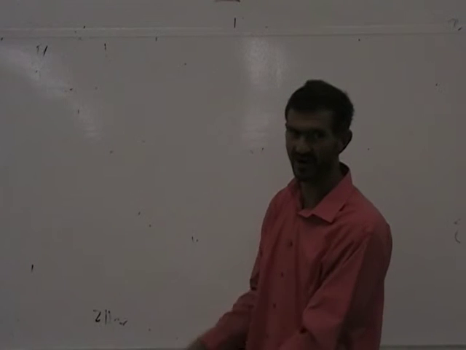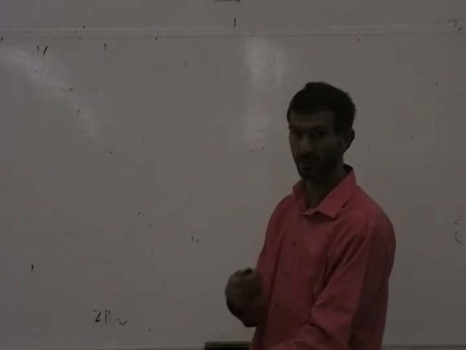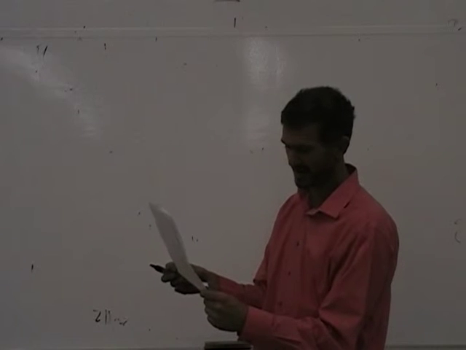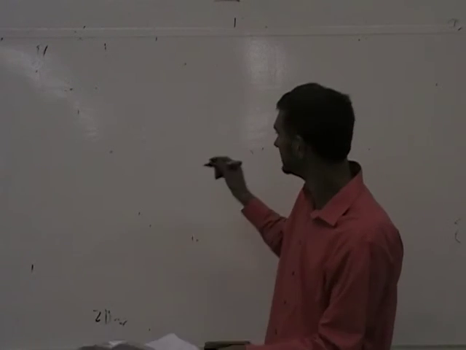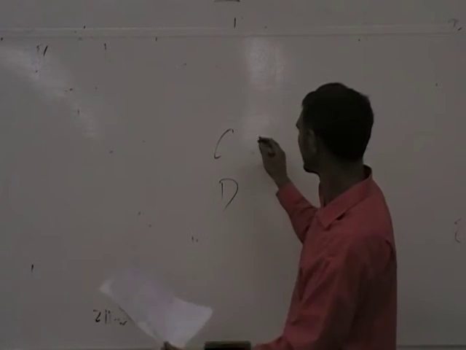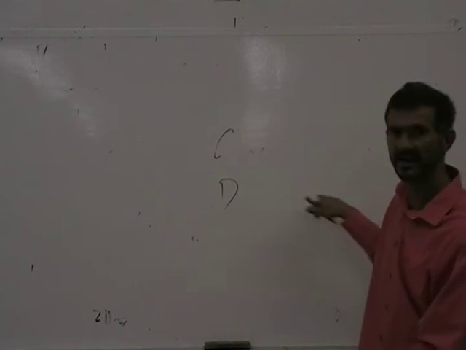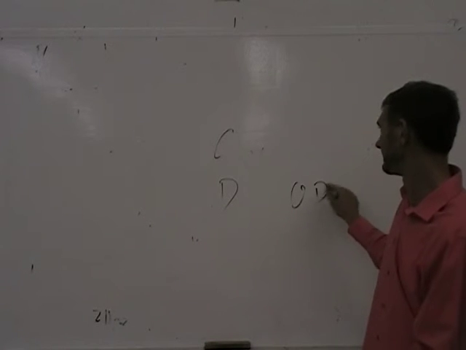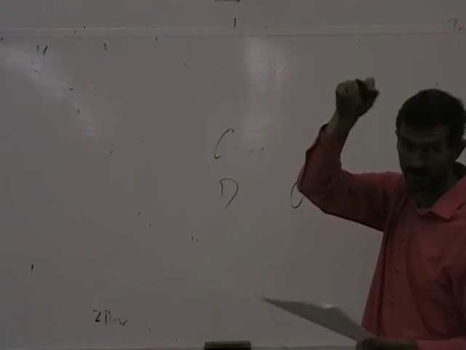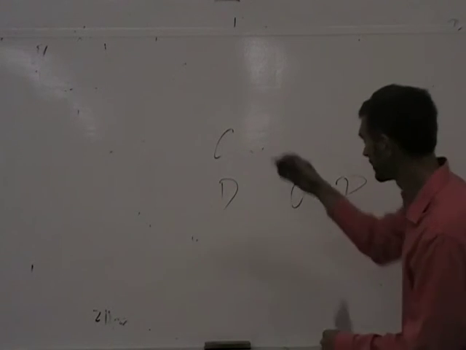So, please consider rolling a die and the outcome, which I called C and D. This is the lower half, 1, 2, 3, and the event outcome of odd, and figure out what is the intersection of the two events.